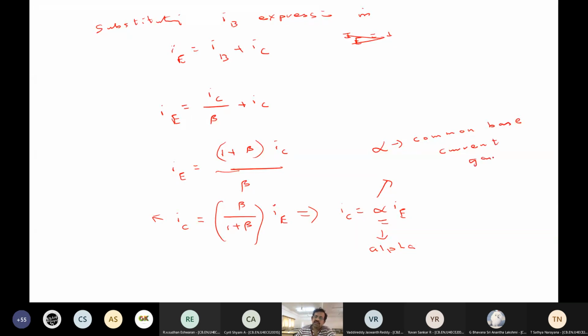Now what is the typical value of alpha? Alpha is actually beta by 1 plus beta. Now I request you to substitute 50 here, so it will become 50 by 51. So when beta is 50, you can see alpha is always going to be less than unity, always less than unity.